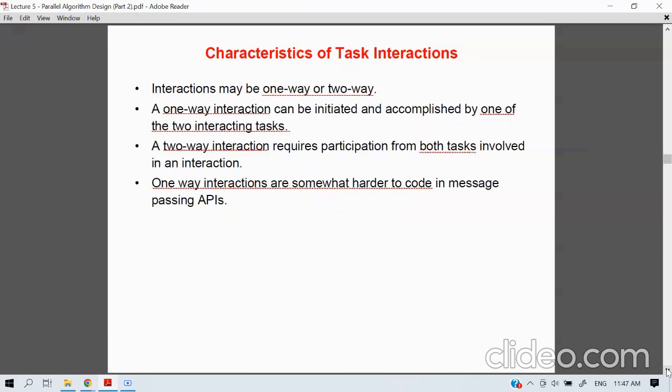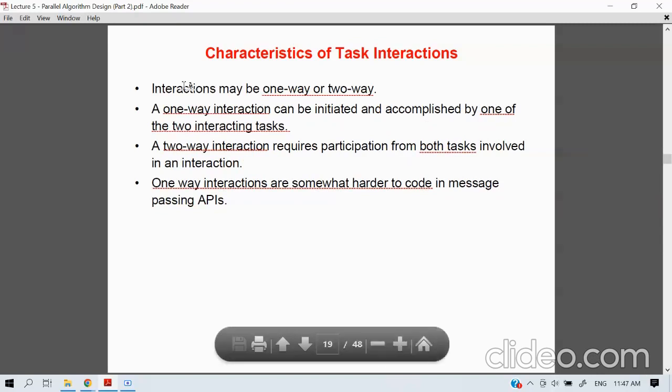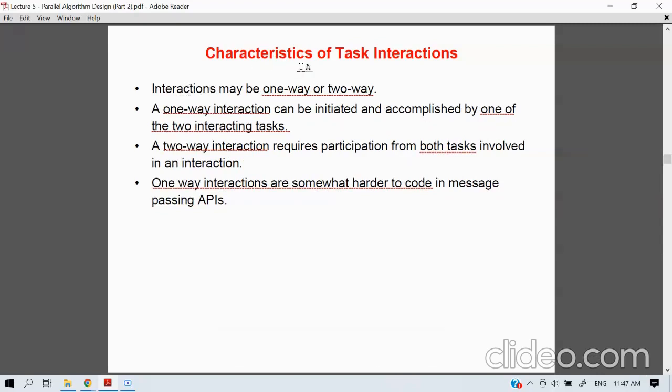Okay, so another explanation on characteristics of task interaction. The interaction of read and write just now may be one way or two way. What is meant by one way or two way? One way interaction can be initiated and accomplished by one of the two interacting tasks, because it is one way.